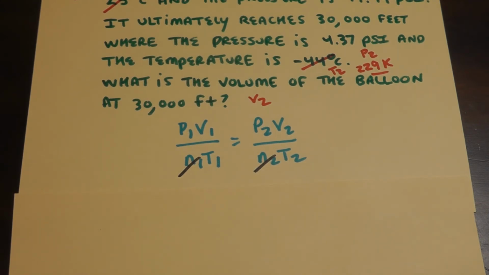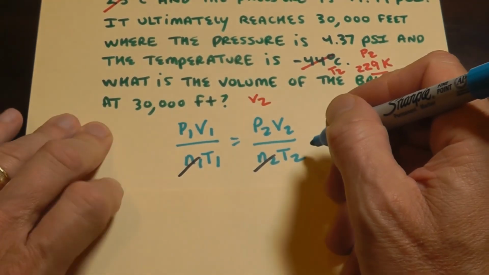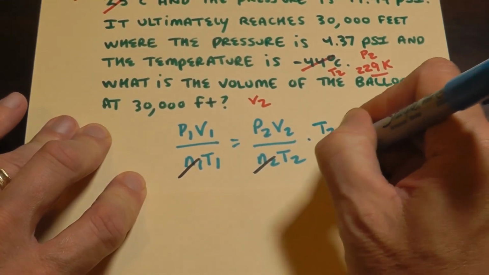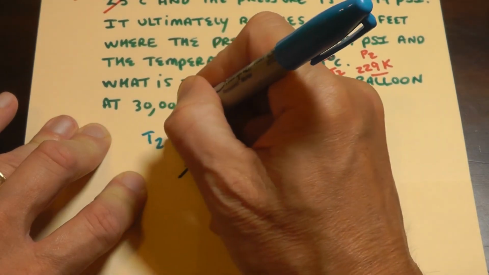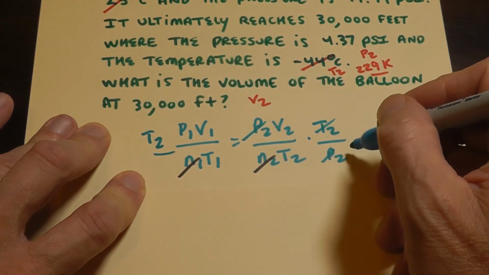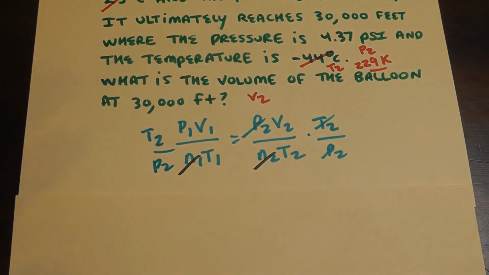We need V2. I'm going to solve for V2. Why am I going to do that? I'm going to multiply both sides by T2 and divide both sides by P2. That cancels that. But T2 divided by P2. Remember, now here more importantly, you got a lot of variables going on, right?